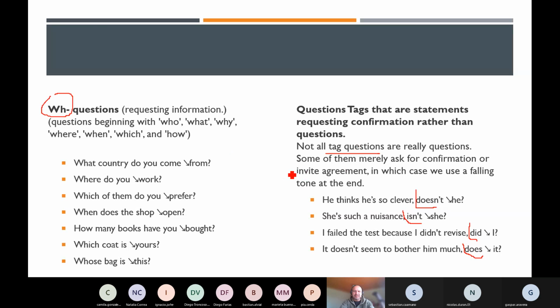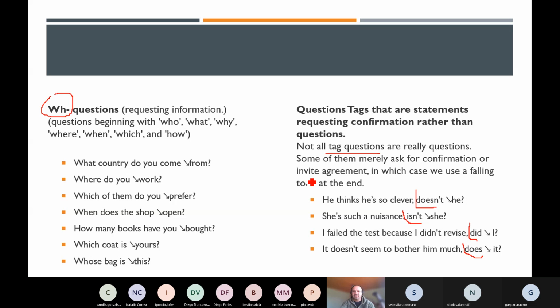So he thinks he's so clever, doesn't he? Doesn't he? She is such a nuisance, isn't she? A rising intonation would express that you're not sure or that you want the confirmation of someone else to actually decide whether she is a nuisance or not, or whether he is clever or not. Okay.